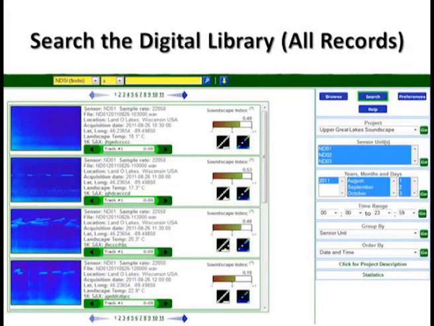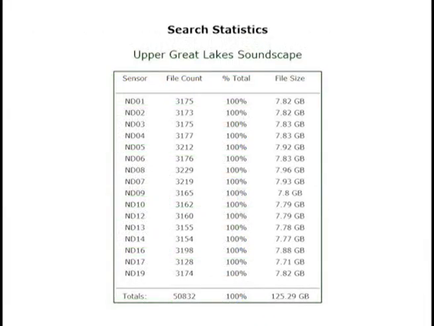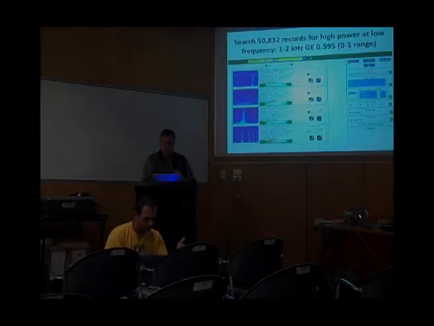Now, if we were to search the entire digital library, we would basically highlight all of the boxes in the search area, and it would pull up all of the records. In this case, there are 50,832, about 3,100 records per sensor node.